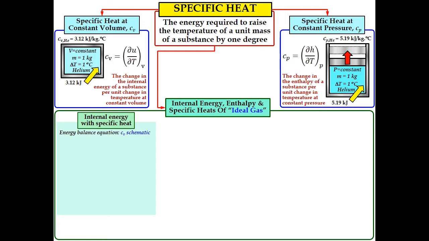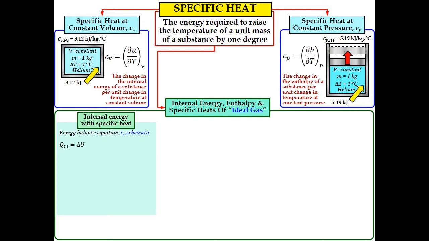If we simplify the energy balance equation for that system, at the end we will get Q in equal to delta U. We just ignore E mass in, E mass out, W in, W out, based on the system schematic diagram.